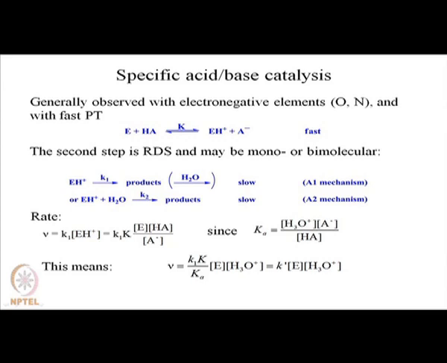It may be unimolecular or bimolecular. For the unimolecular case, EH plus, with rate constant k1, produces the product, and in the presence of water it gives rise to products. It is a slow, unimolecular mechanism. For the other one, water is involved in this slow step, so it is bimolecular, called the A2 mechanism.